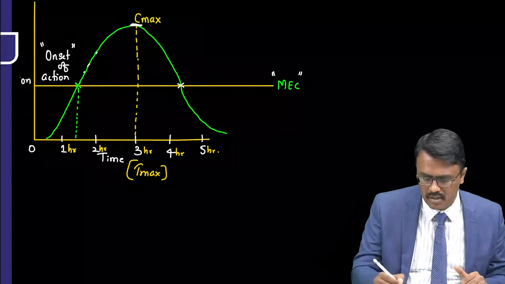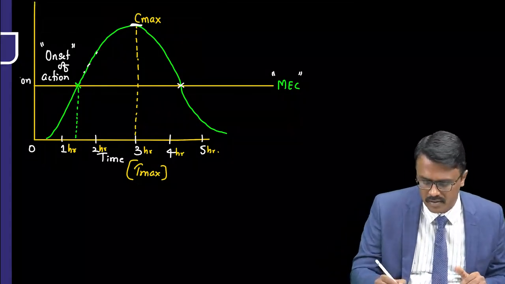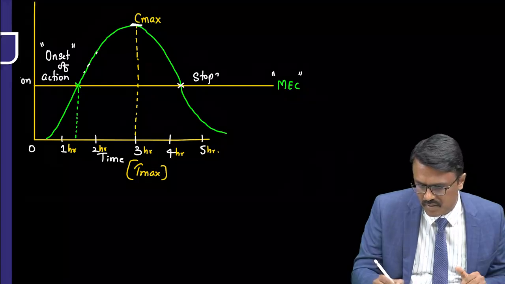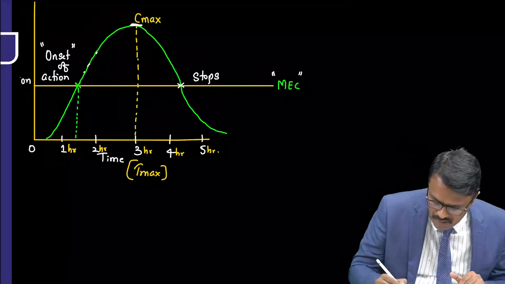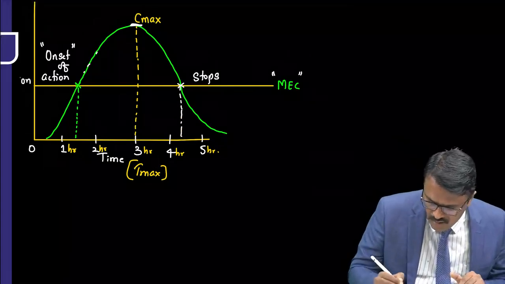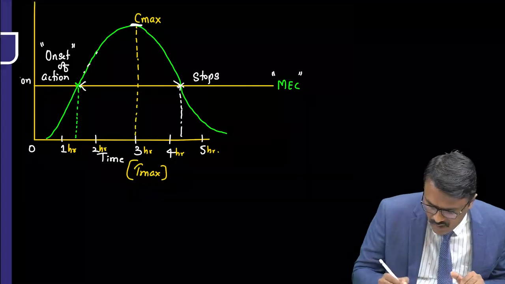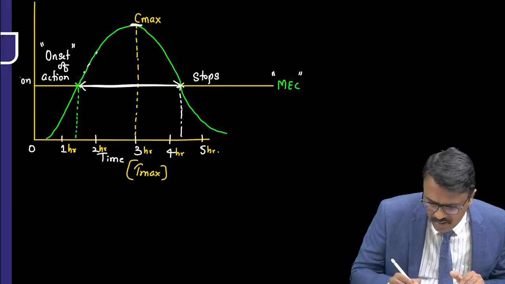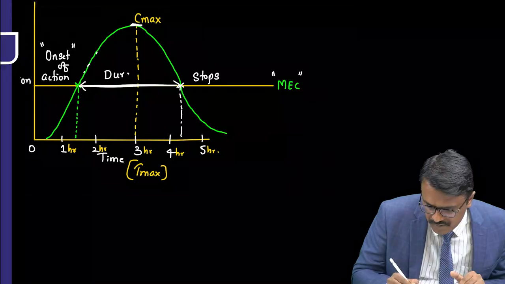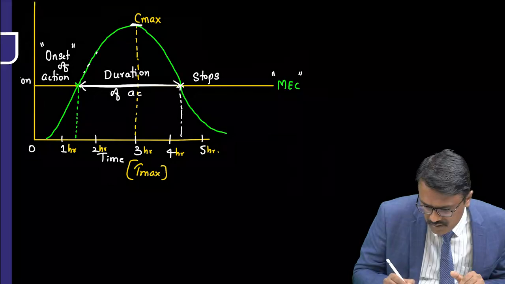No. When the drug comes below that, the drug stops working. And the period between this point and this point, what I am marking now in white, is the duration of action of the drug.